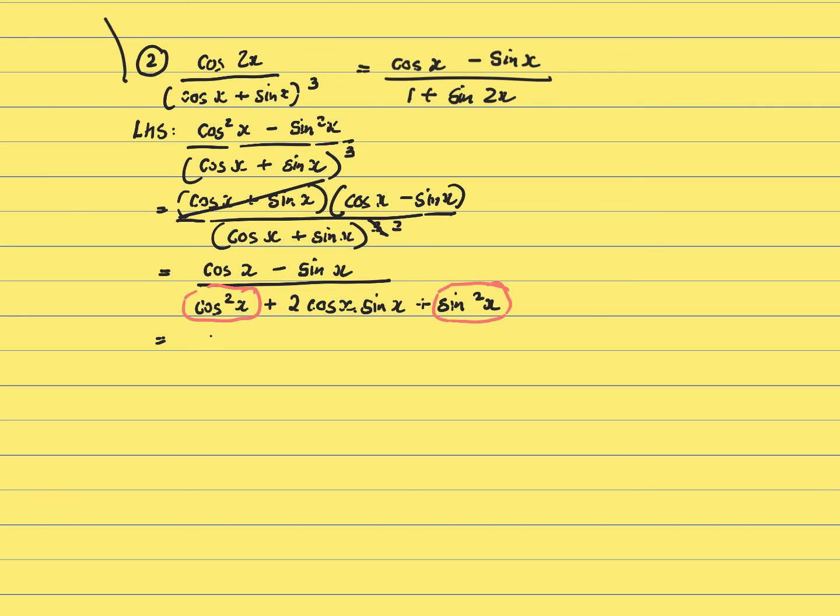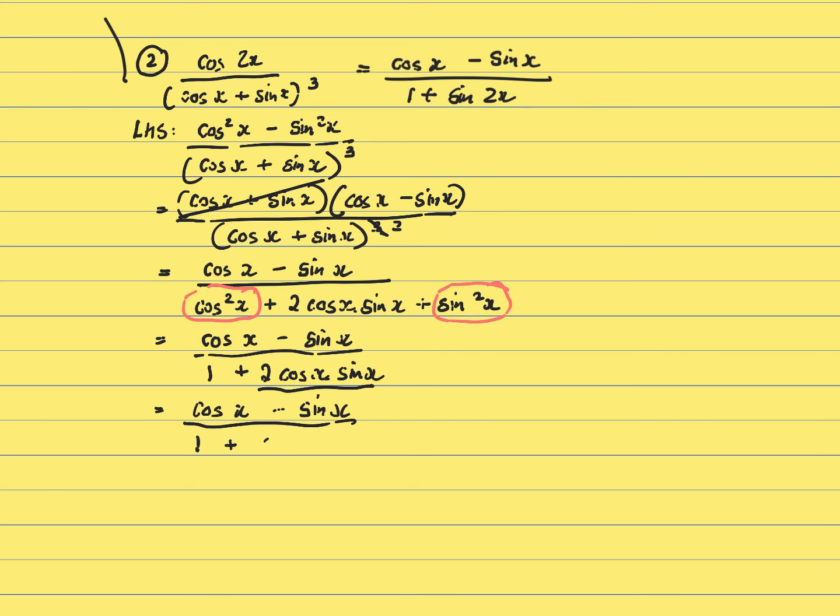So you've got cos x minus sine x on top, and at the bottom you've got 1 plus 2 cos x sine x. And 2 cos x sine x you should recognize as sine 2x, which is therefore equal to your right-hand side.